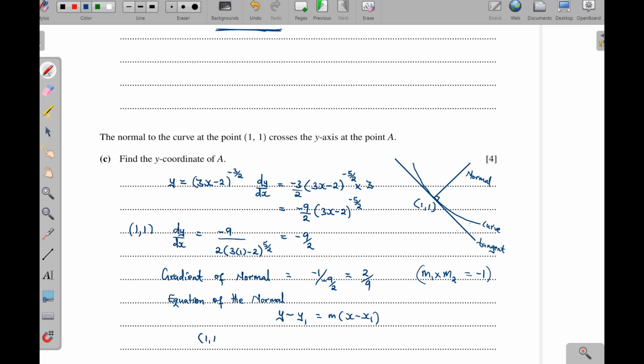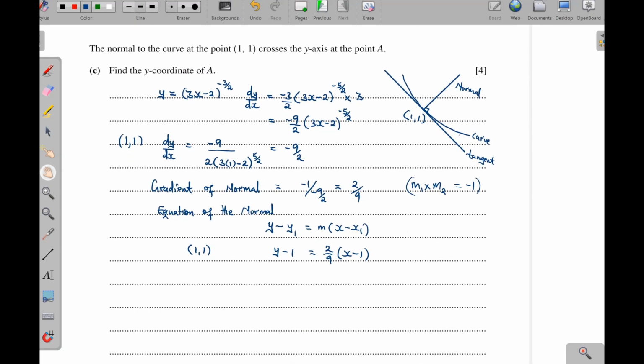Remember, we are using this point here, so we shall have y minus 1 equal to 2 over 9, then into x minus 1. Now on the y-axis, x is 0. You can also make y the subject of the formula, in the format mx plus c. The c, the y-intercept, will be the y-coordinate of A, where this line crosses the y-axis, as simple as that.